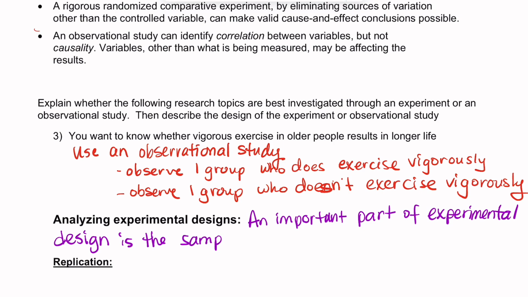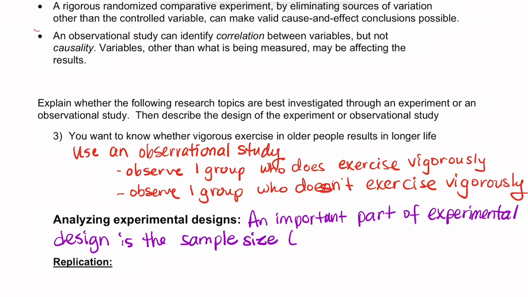So like for example, in that last one, if I just observed 5 older people who exercise vigorously and then 5 people who don't, that's not going to give me very much information. But if I were to keep observing more and more people, like maybe 1,000 of each, I'd have better results, right? So remember, the sample size is the number of people in the experiment or observational study.